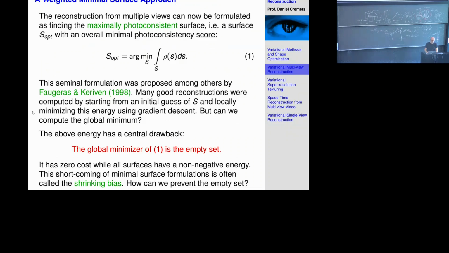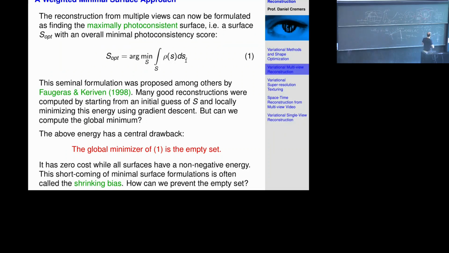And then here comes the key idea that was advocated by Faugeras and Keriven in '98. Then you say, find a surface that is maximally photoconsistent, meaning for all points of that surface, I want maximal photoconsistency. And how? Well, I take the surface S and I sum up the values of rho across the whole surface.